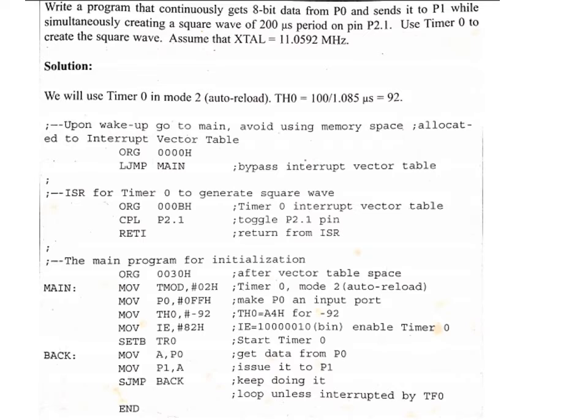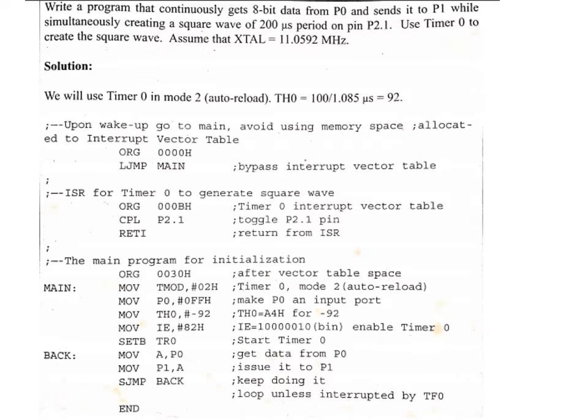The value to be loaded into TH is given by maximum value 255, plus 1, minus n, where n is the required delay divided by the actual delay. The required delay is 100 microseconds and the actual delay offered by the microcontroller is 1.085 microseconds. So the value of n is 92.